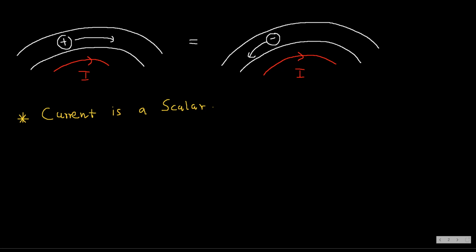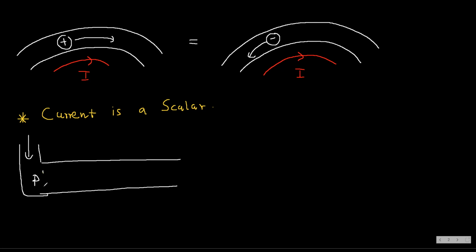The potential difference is the main reason why charges are flowing from one place to another. Okay. Just like a liquid, if you are connecting a hose to your tap, this place has high pressure and this place has low pressure.